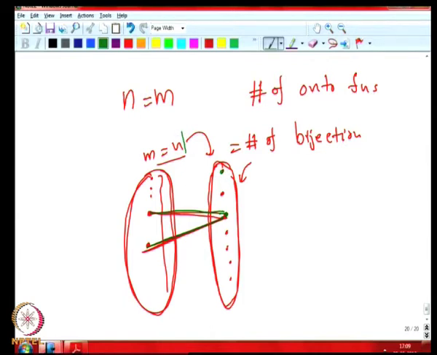So when m equal to n and the function is onto, we can also infer that it is into, that means it is onto and into together, that means bijection. And we know when m equal to n, the number of bijections from A to B, from n to n, is n factorial, equal to m factorial, right.